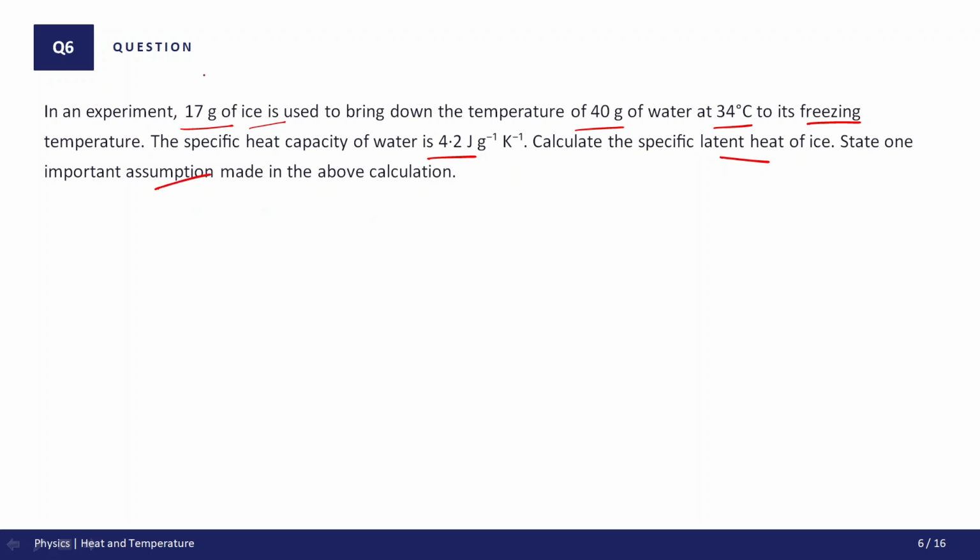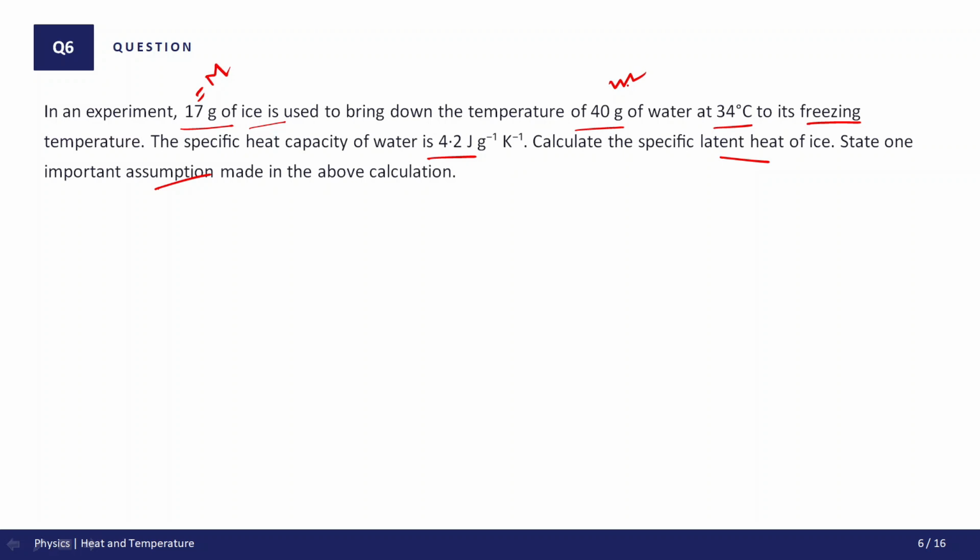Then let us consider the mass of the ice is capital M, mass of water is small m. Then I will write the equation here. According to method of mixture, amount of heat energy gained by cold body equal to amount of heat energy lost by hot body.